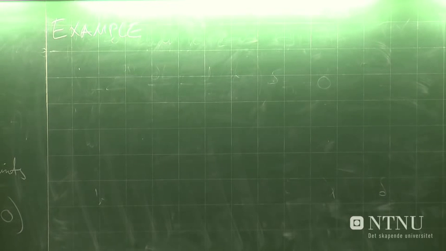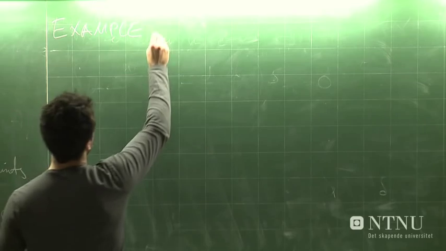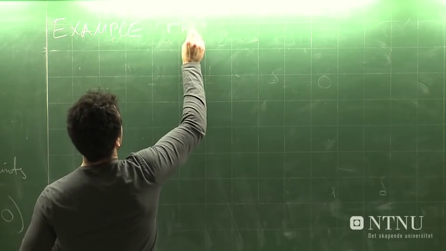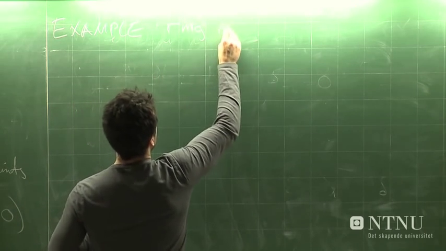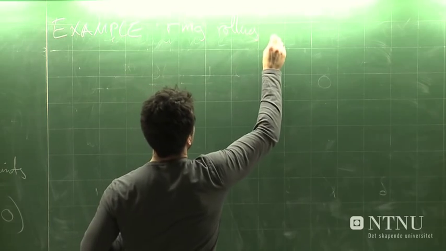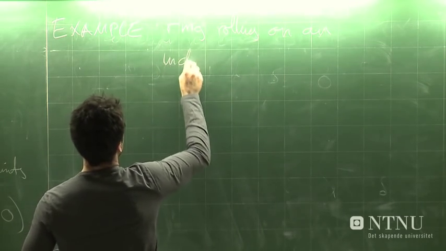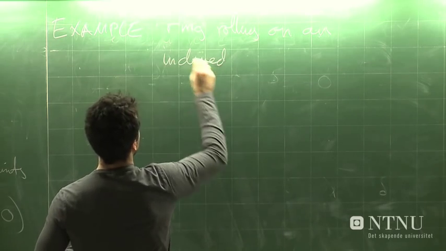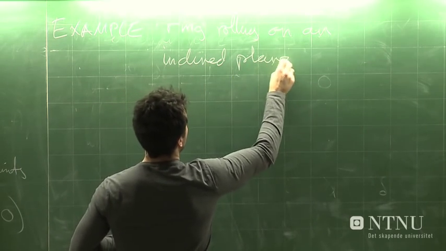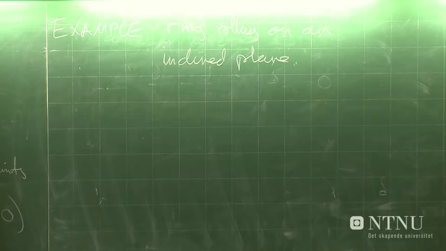And after having introduced so many indices and new quantities, I think it's due time for an example. And the example is a ring rolling on an inclined plane.